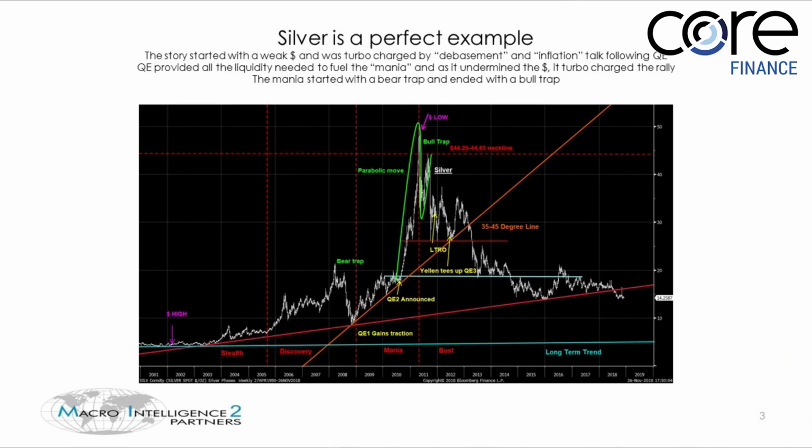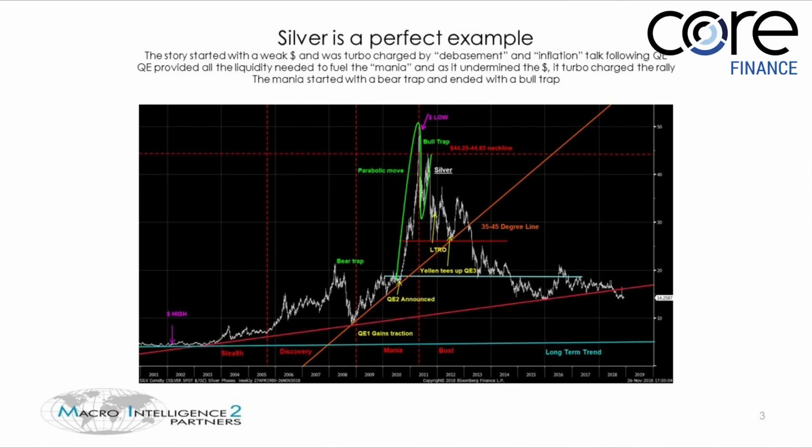What you can see here is basically there are four defined phases: stealth, discovery, mania, and bust. You typically have a bear trap. You always need a bull trap, and remember that one in particular. And then the least scripted sector is actually the bust, but that's important as we discuss some of these other charts. But watch this one. This one is a classic picture.